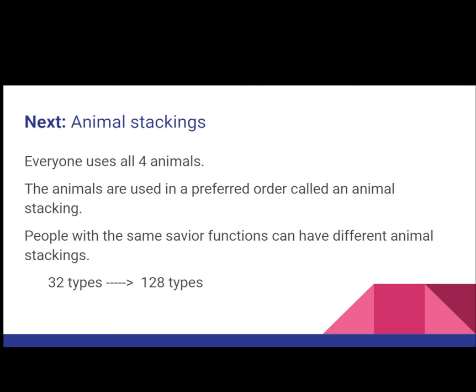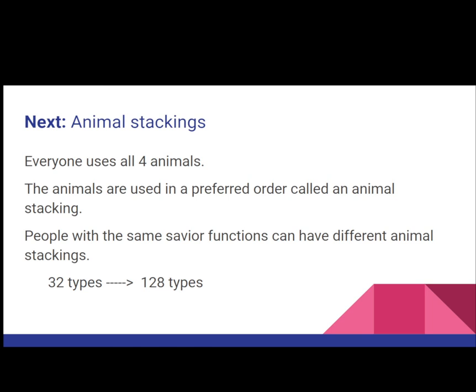And where it gets really interesting is that you can have 2 people with the exact same savior functions, but they have a different animal stacking. And this is going to lead to additional types. So this is going to eventually expand the number of types from 32 types to 128 types. And then after that, if you factor in the sexual modalities, which is the last thing I'll be discussing, then you're going to get to 512.